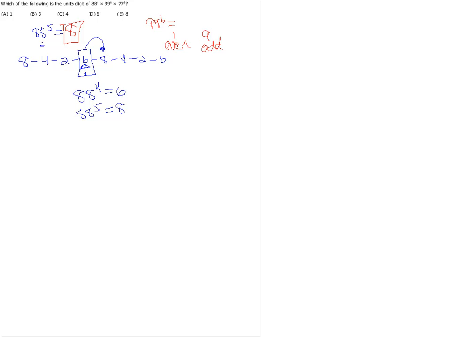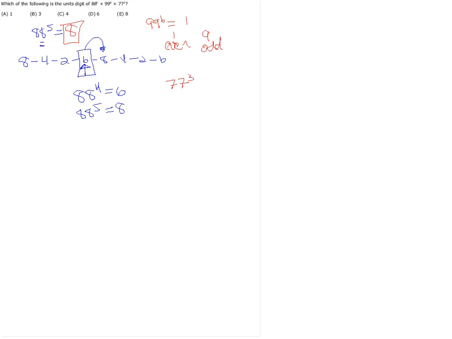Okay, 99 to the 6th is even. So without doing any more work, we can really quickly see that this ends in a 1. Okay, easy, right? Now all we have to do is look at 77 cubed.